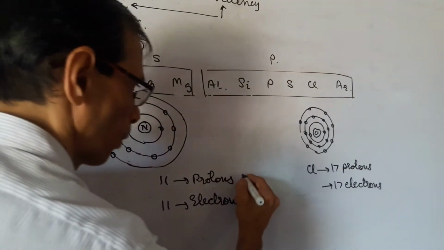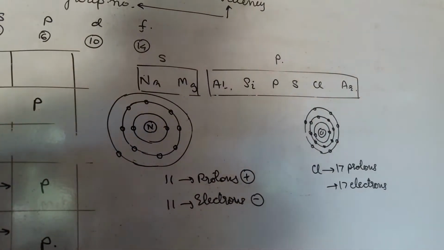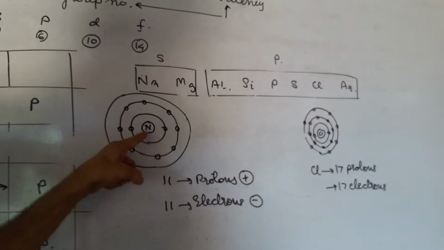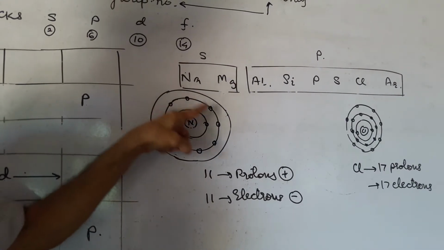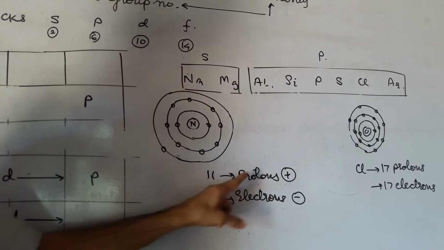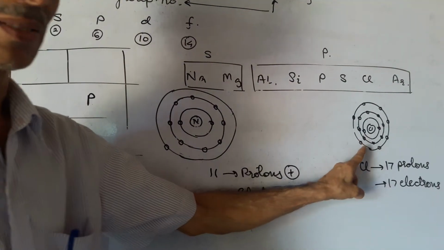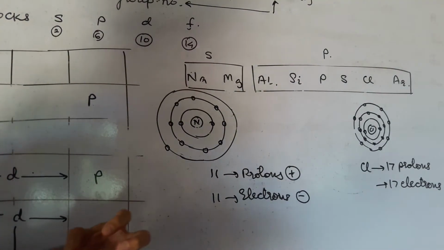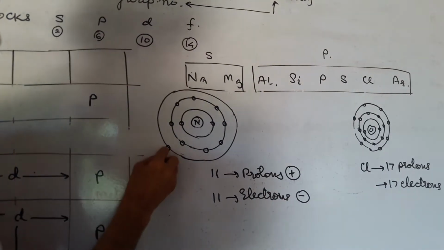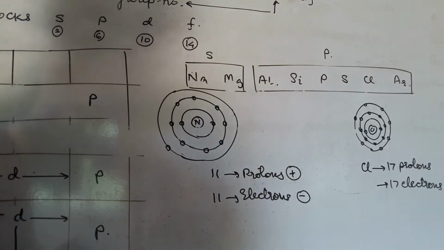We know protons have positive charge, electrons negative charge, and of course there is attraction. Protons lie in the nucleus and electrons revolve around the nucleus. But as the number increases, here 11 and here 17, the attractive force increases. As the attractive force increases, the outermost orbit electron and all the electrons are attracted towards the nucleus.